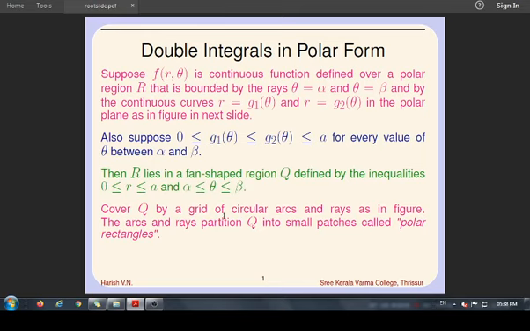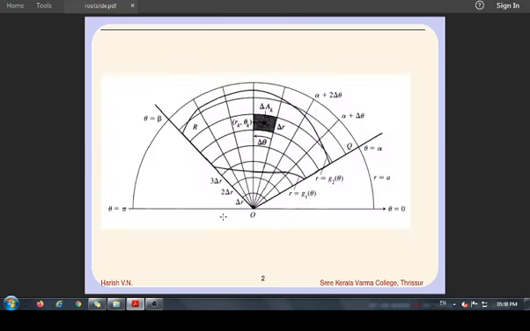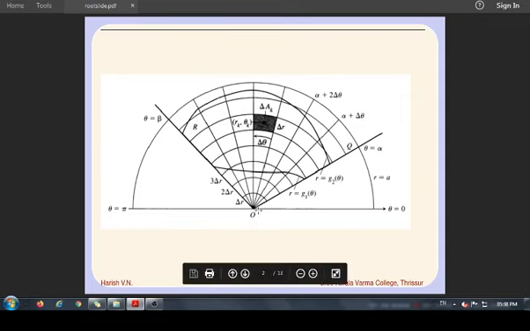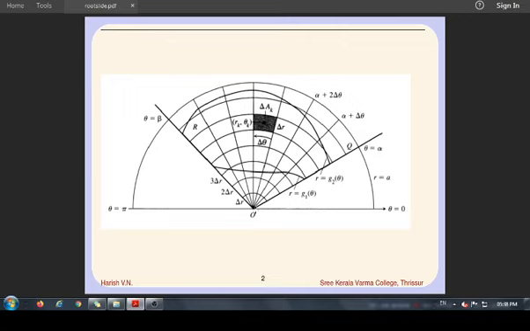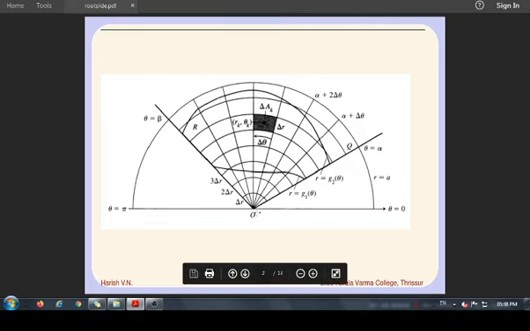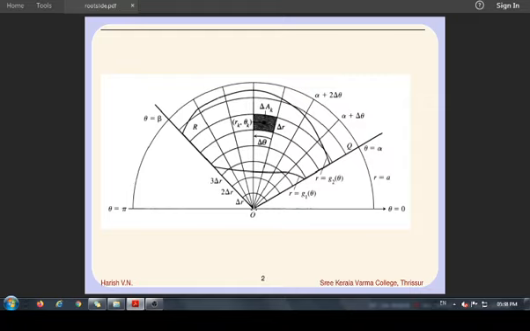So what is r equal to a? r equal to a is a circle centered at the pole and radius a. So this is r equal to a. This circle is r equal to a. And what is r equal to 0? It is the circle centered at the pole and radius equal to 0. That means this point itself.